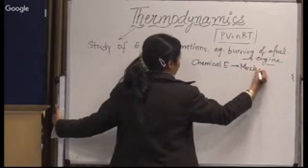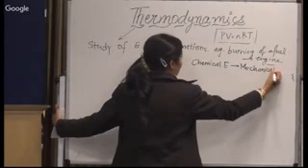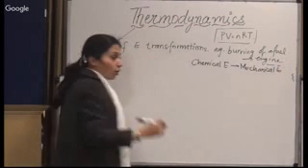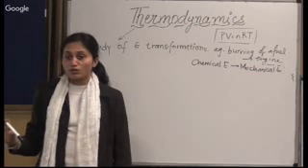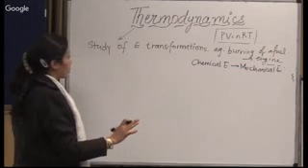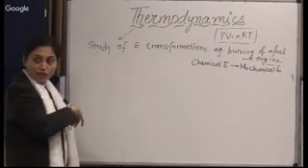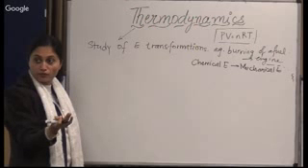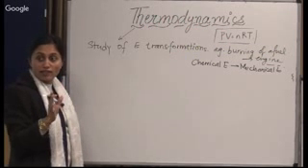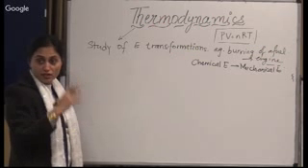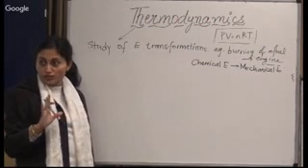It is very important that you understand the meaning of chemical thermodynamics first. When you talk about any kind of energy transformation, it is the conversion of one form of energy into another form of energy by some kind of thermal changes which may be related to some kind of movement. That means your process is not at all static.